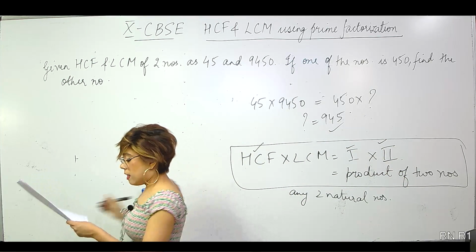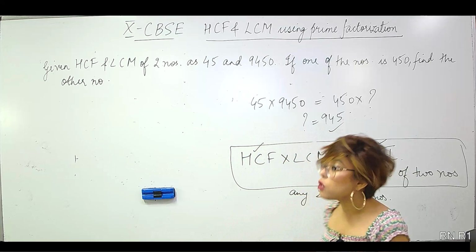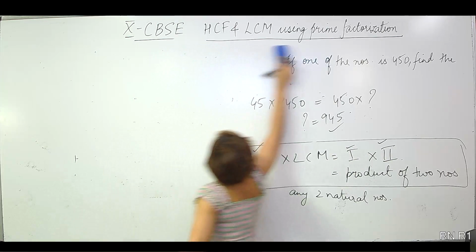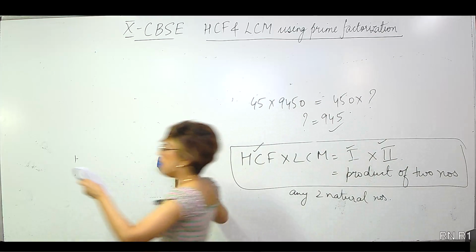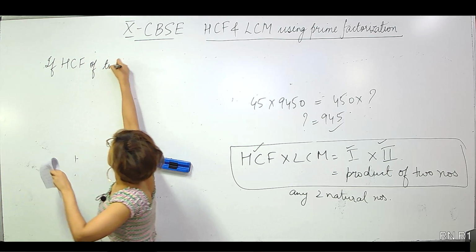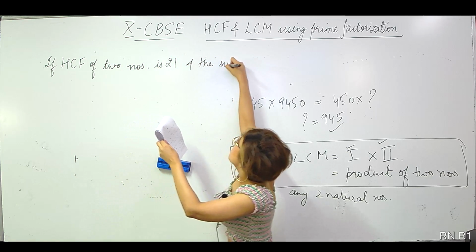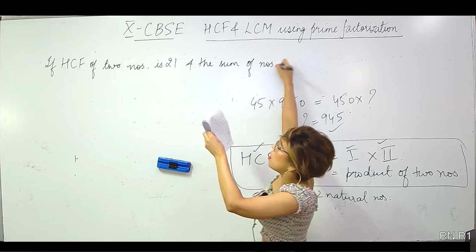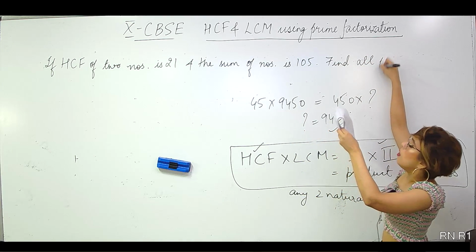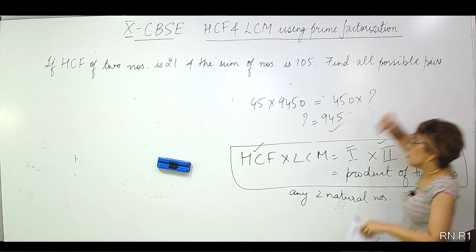Moving on. Now, the next set of questions is quite interesting and will demand a little bit of common sense, so you should be ready for it. Write down the first one. If HCF of two numbers is 21 and the sum of the numbers is 105, find all possible pairs of such numbers.